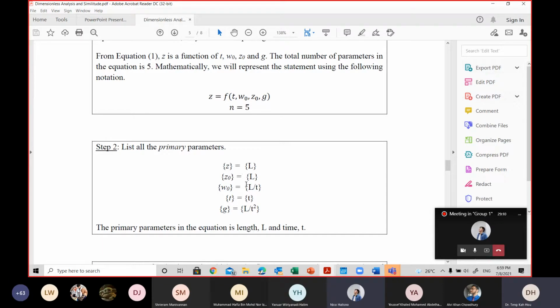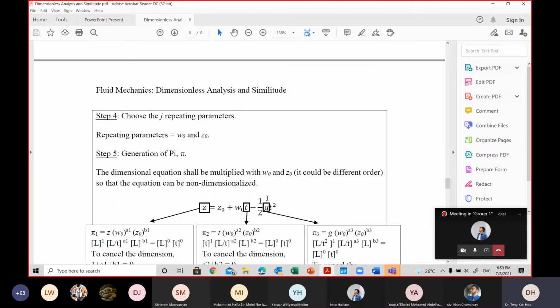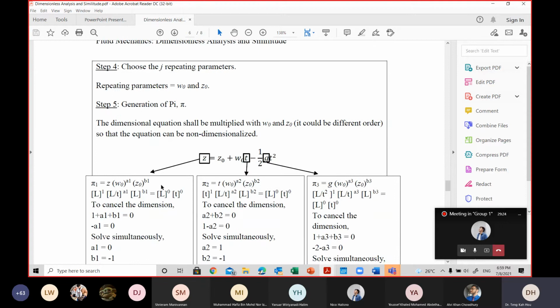If you ask me, I will choose the L, and either Z or Z0, and I will choose the T. The main reason is that at the end, your equation is still the same. Do you get what I mean?